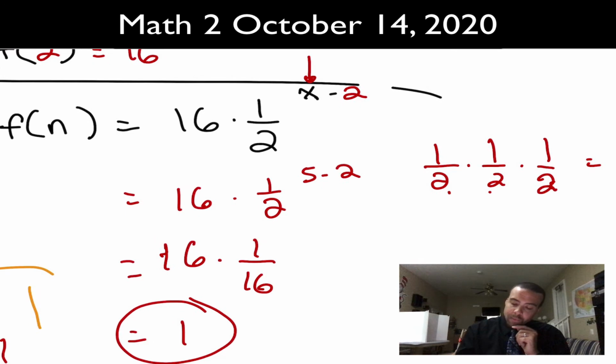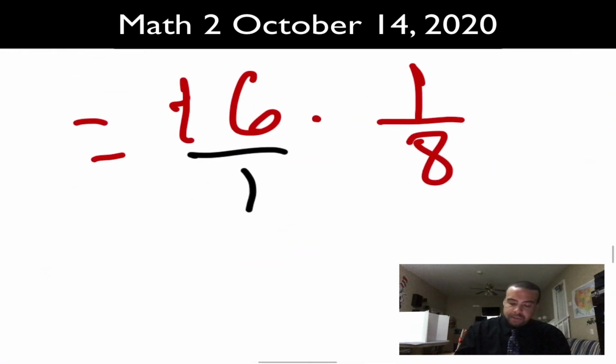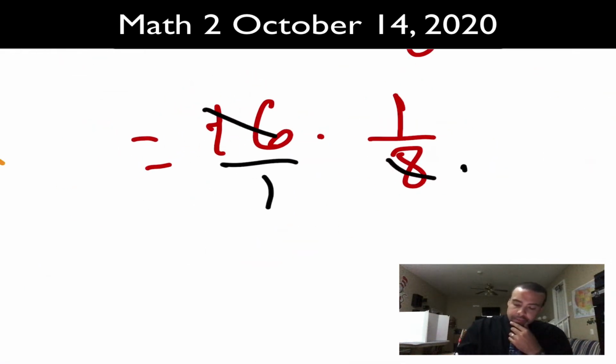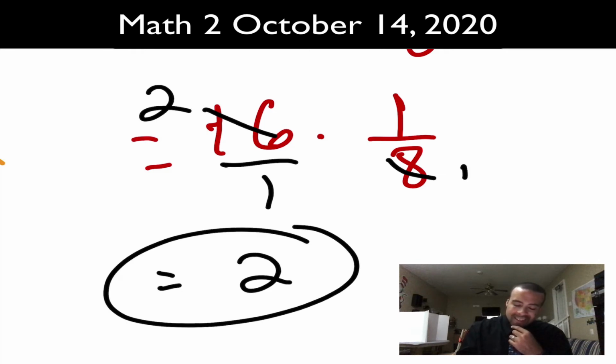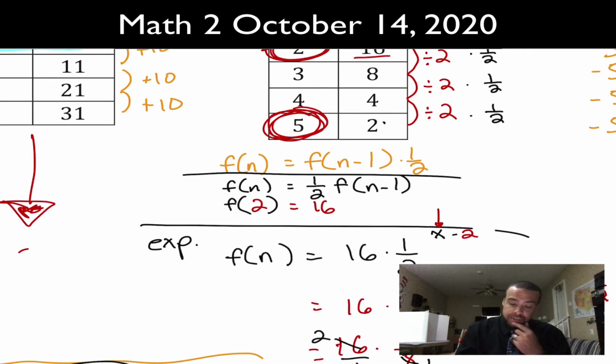So now I have 1/8. So 16 times 1/8. And that output, if I do my math, just go straight across, or you can cross reduce here, the output would be 2. Let's see what my output was in the table. Oh, the output was 2.